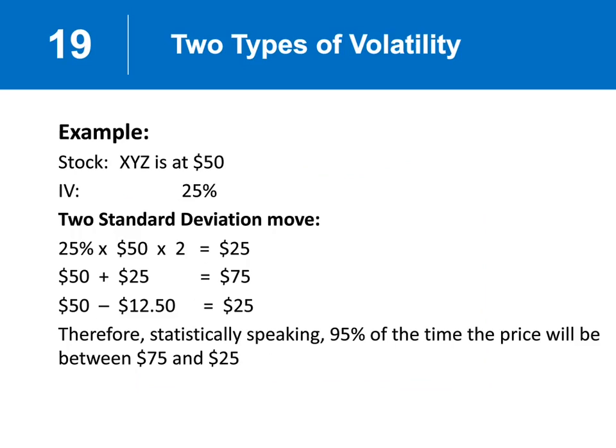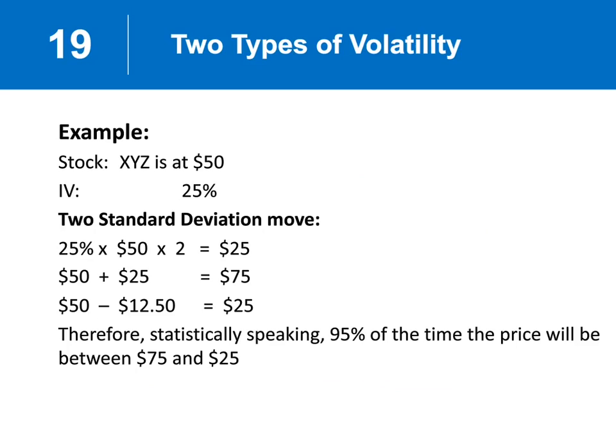Now here's a similar slide to the previous one, but we're talking what? 2 standard deviations. Now what percentage of the time does a stock land in 2 standard deviations? That's right.